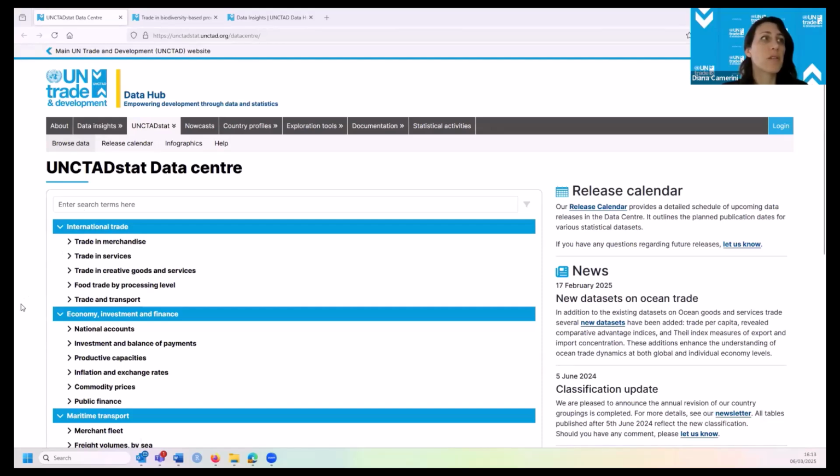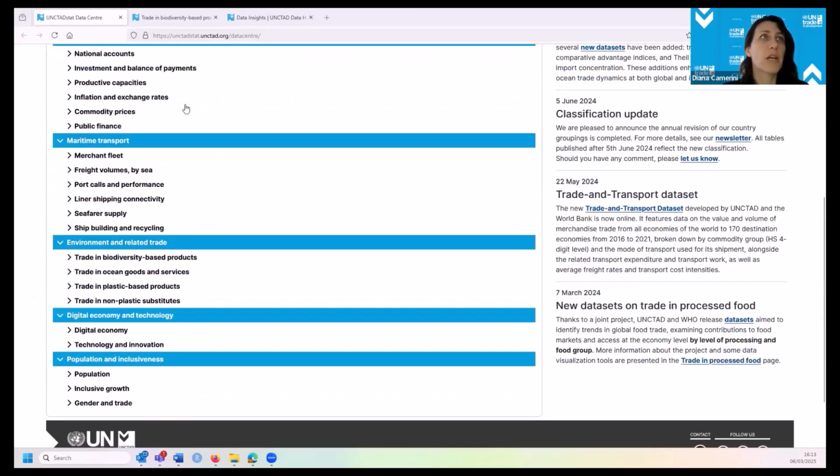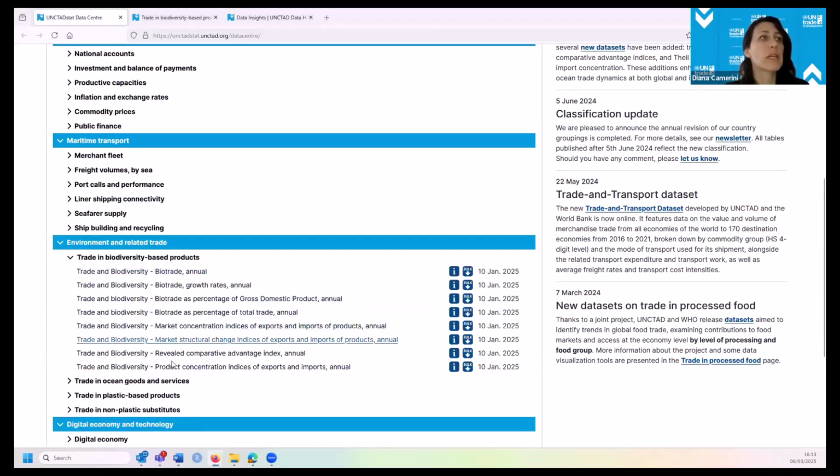UNCTAD Stat DataCentre has a collection of several data on trade, economy, and other aspects, and has a specific section dedicated to environment and related trade. And you can find here that there is a category called Trade in Biodiversity-Based Products, which includes all the data from the indicators available on biotrade.